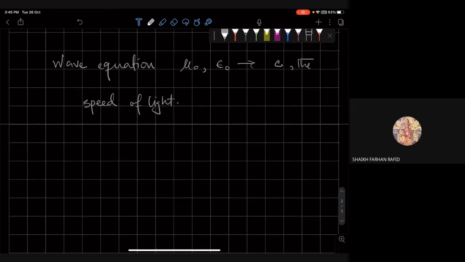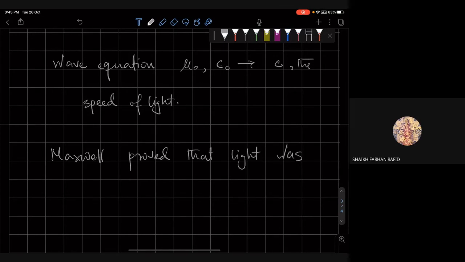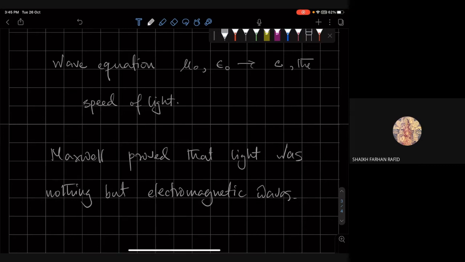So in this way, Maxwell proved that light was nothing but electromagnetic waves. I should really put this in quotes because this is a very important nothing.